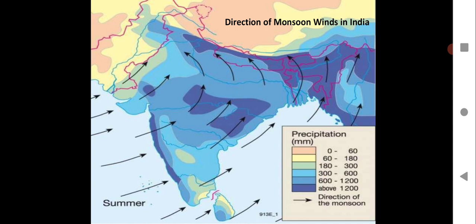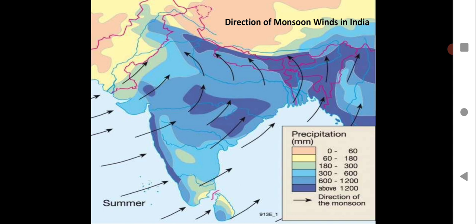Just have a look at the direction of monsoon winds in India. Because India is occupied by the seas and the ocean, and also land surfaces, the difference in the air pressure is created, and that may create monsoon winds which bring rainfall.